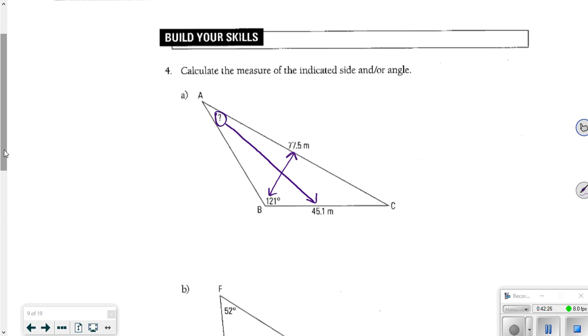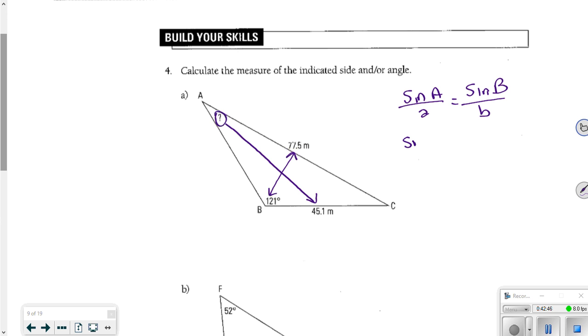So we're going to write our sine law with the angle on the top. So sine of A over side A equals sine B over B. In this case, it is actually called angle A, the one we're looking for.